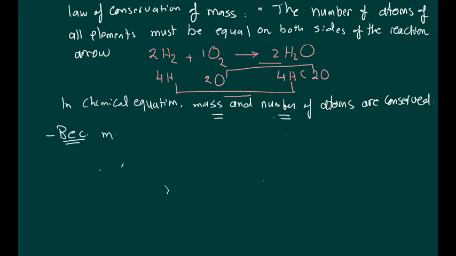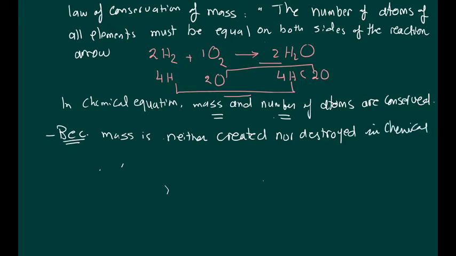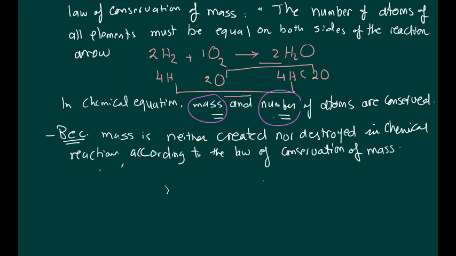Because mass is neither created nor destroyed in a chemical reaction, according to the law of conservation of mass, and you can also mention the law of conservation of mass. The second part of the KPI was to identify what is conserved. What's conserved is the mass and the number of atoms.